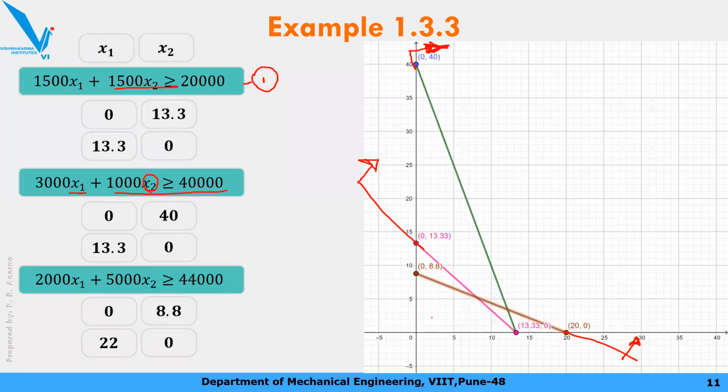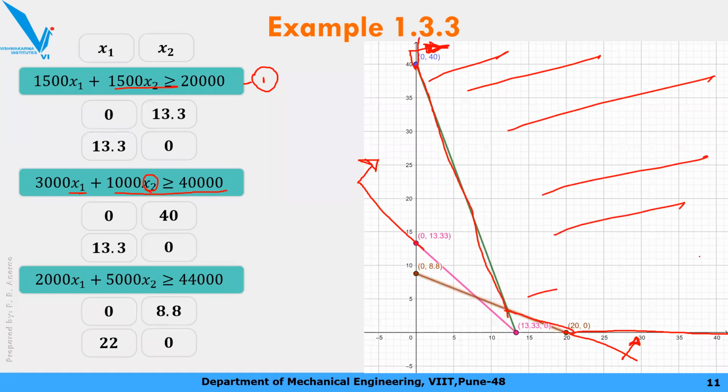Now just look at this graph. All three constraints suggest your feasible region is away from the origin. So look at this zone. This area is your feasible region.